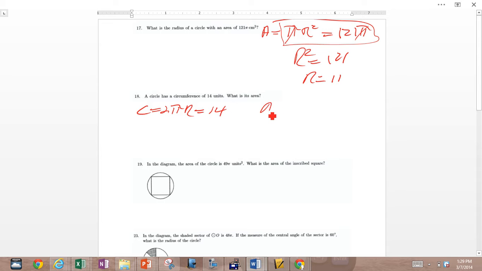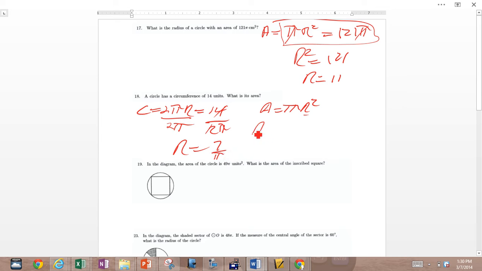But we want the area, which is pi r squared. So we can't find the area until we find r, but we have a way over here of finding r. If we just divide both sides by 2 pi, then we have r. We can simplify this. 2 into 14 goes 7, so we have 7 over pi is the radius.